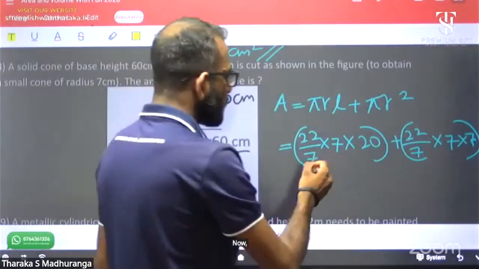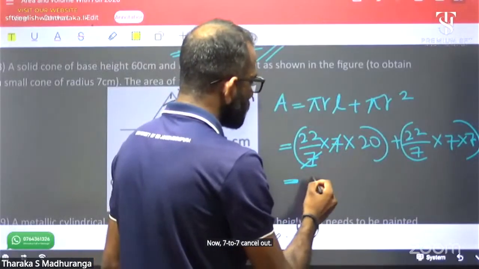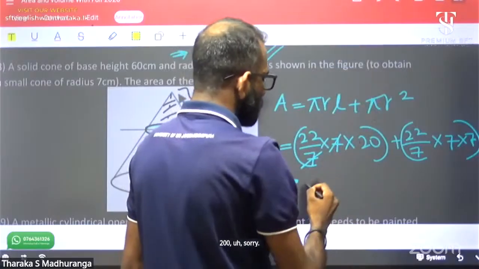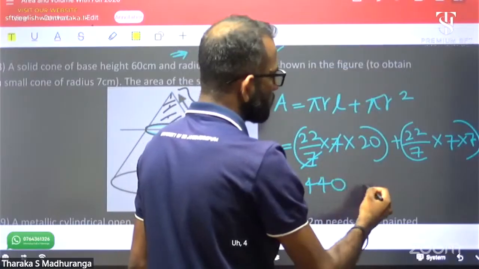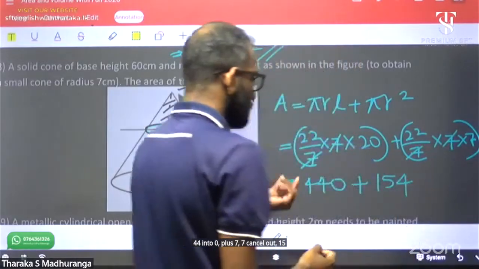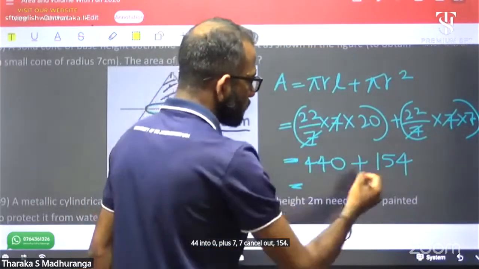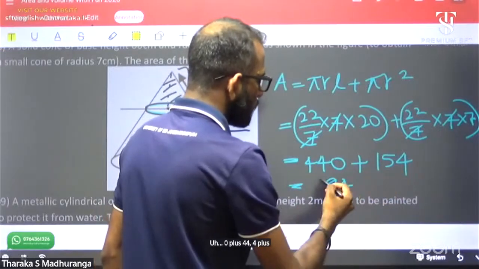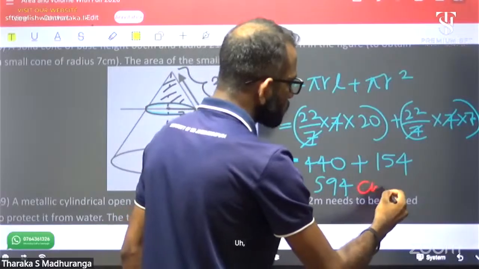Now 7 and 7 cancel out. 44 into 20 plus 7 cancel out 154. 880 plus 154 gives 594 square centimeter.